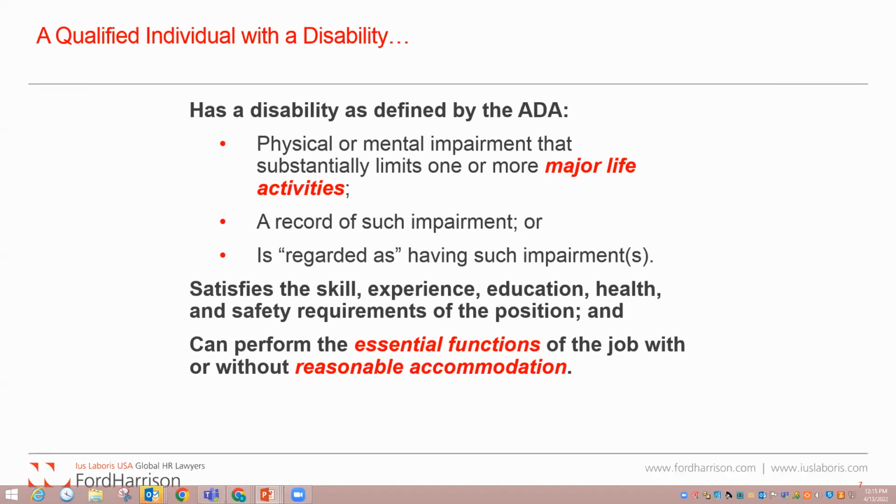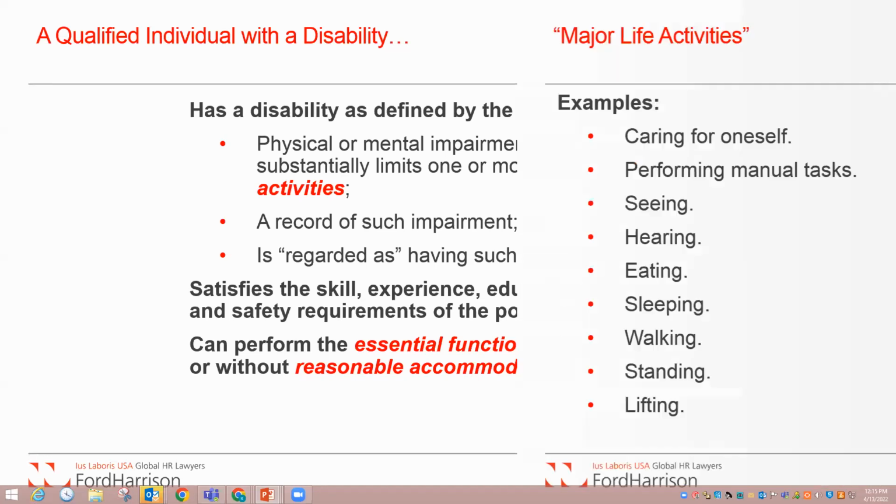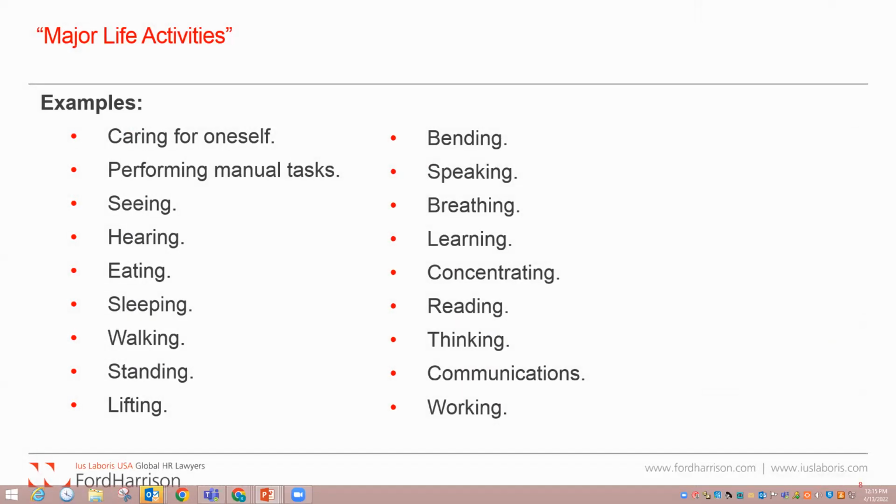So with COVID-19, that's a very difficult issue that employers are facing, because it makes it difficult for them to argue it's not reasonable for this employee to continue working from home when she's been doing it for the last couple of years. So the major life activities, all of the things that you see here, I'm not going to go through every one of them.